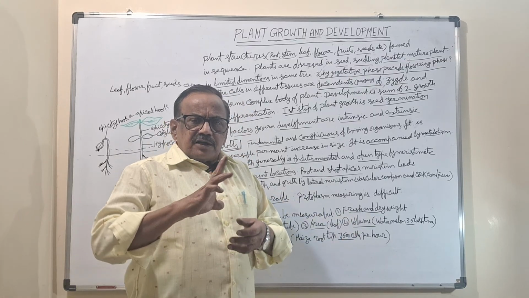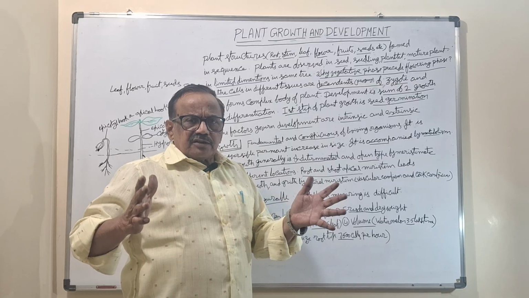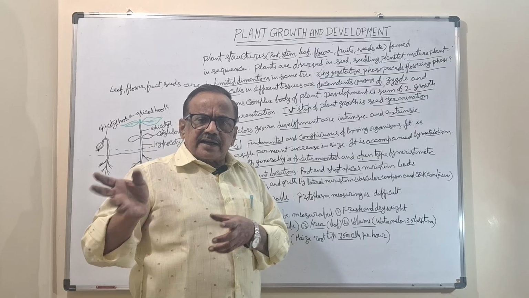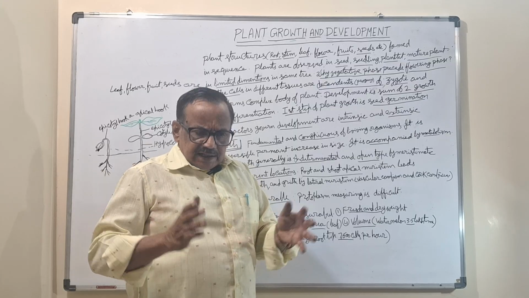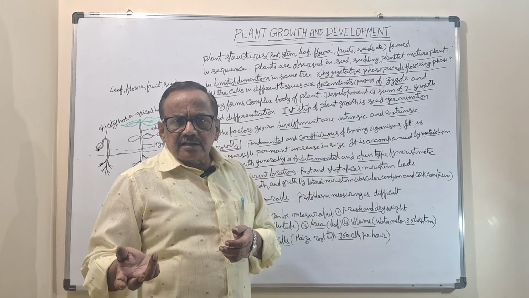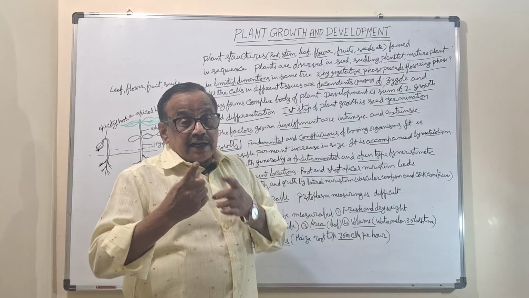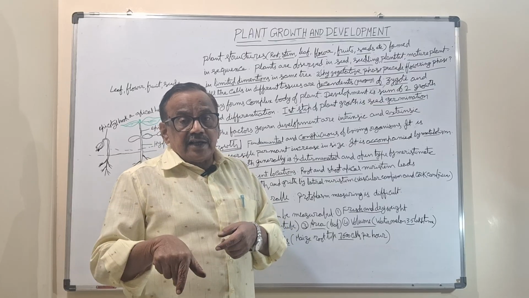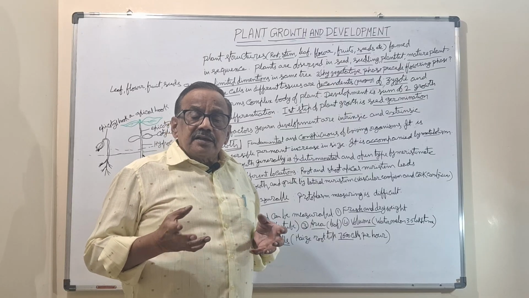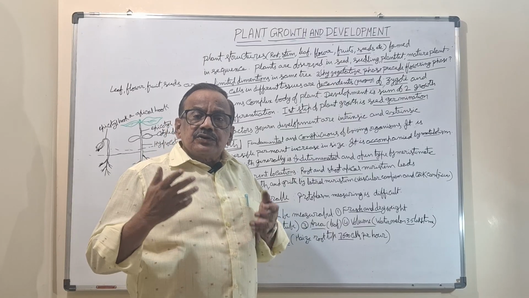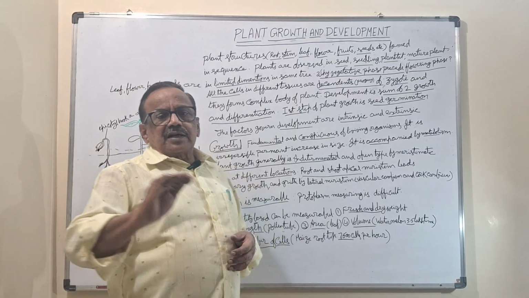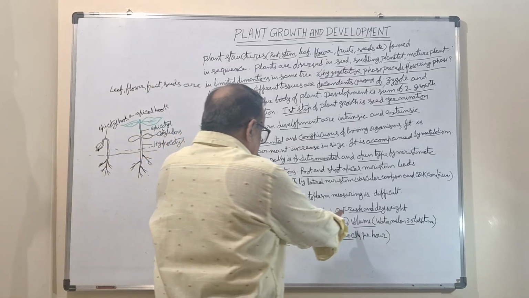You take small plants, cut some seedlings, take 100 grams of the fresh material, measure it, dry it, then the dry weight will come. The dry weight differing from 10 days back to today is what is deposited during this time. So fresh weight and dry weight indicate the organic compound prepared by that particular plant. This is important.